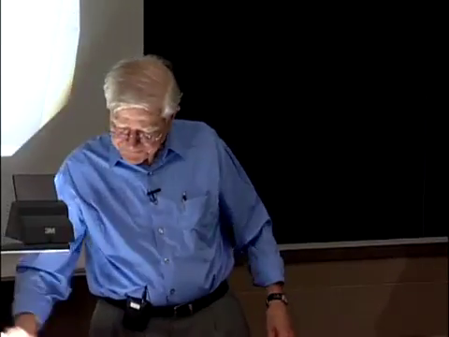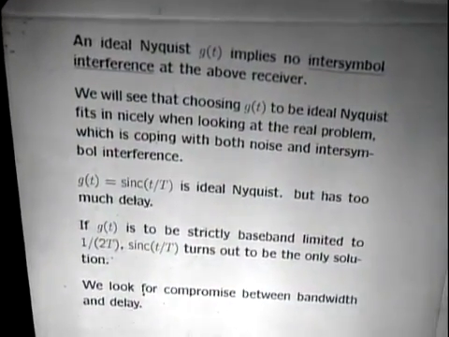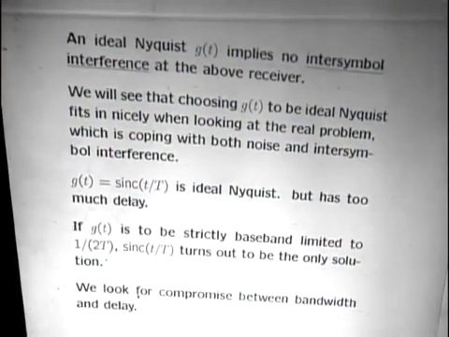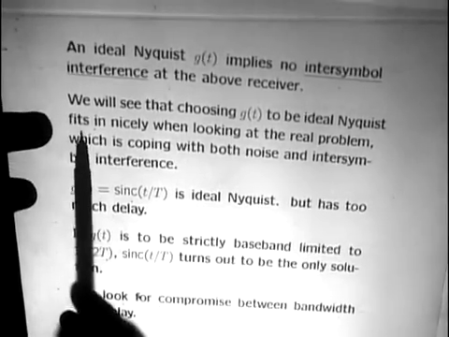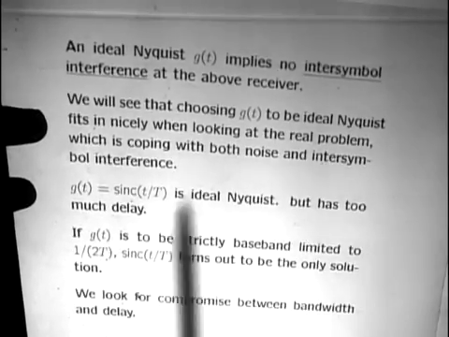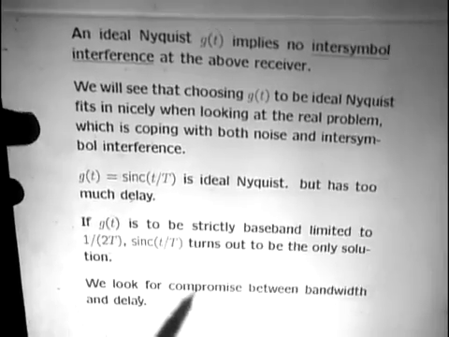An ideal Nyquist g(t) implies that no intersymbol interference occurs at the above receiver. In other words, you have a receiver that actually works. We're going to see that choosing g(t) to be ideal Nyquist fits in nicely when looking at the real problem, which is coping with both noise and intersymbol interference.